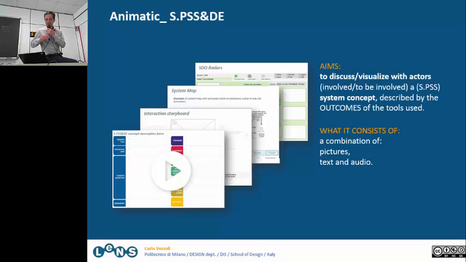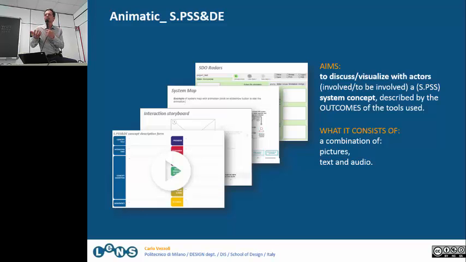Actually, the aim of making an animatic is that of presenting a concept, and that could be made during the course of the design process. Either you are designing for a company, so you may present this to the company and introduce it with an animatic, or you can use it in a workshop with different stakeholders.